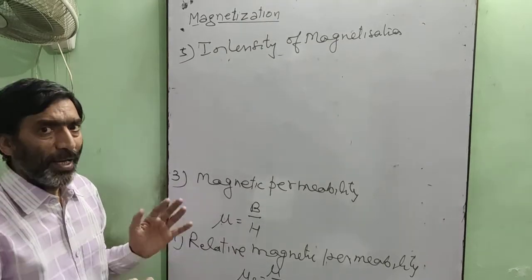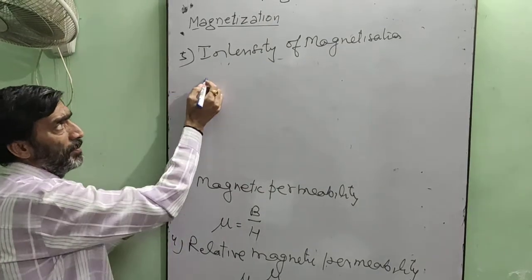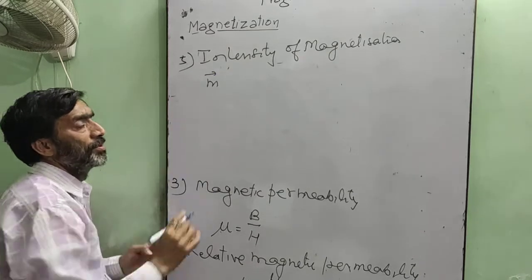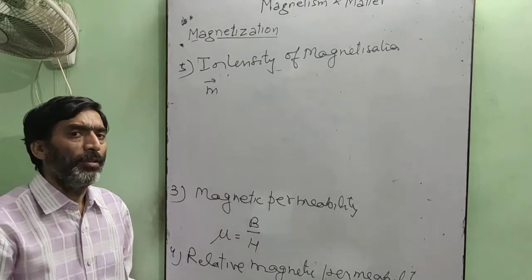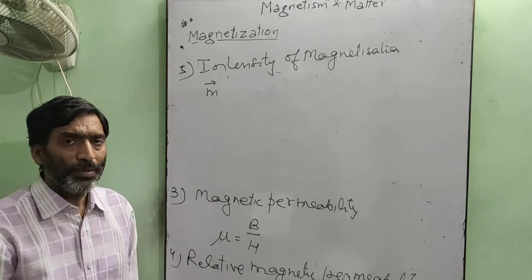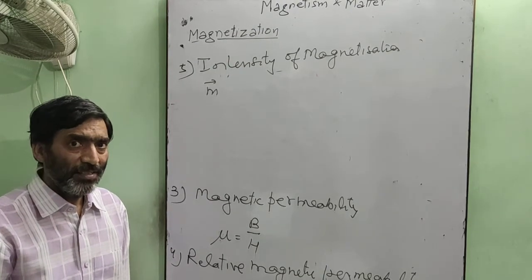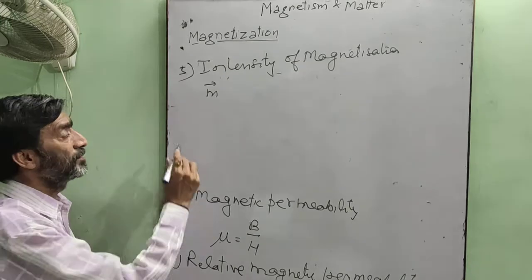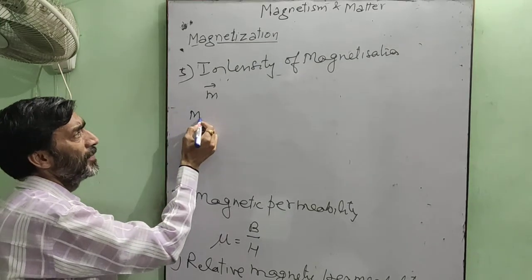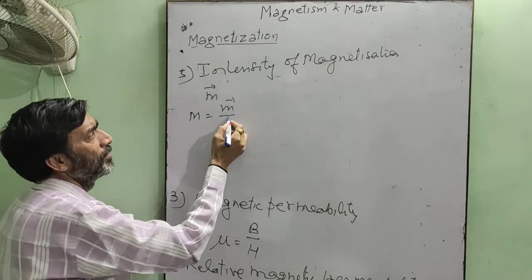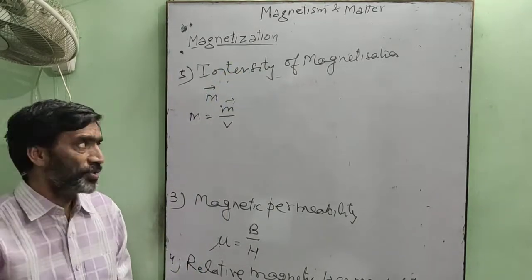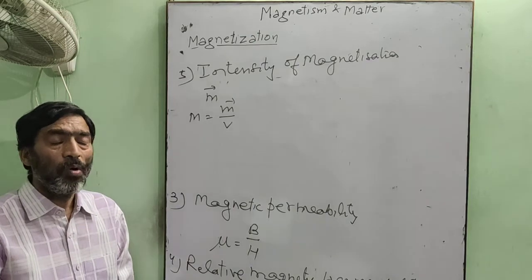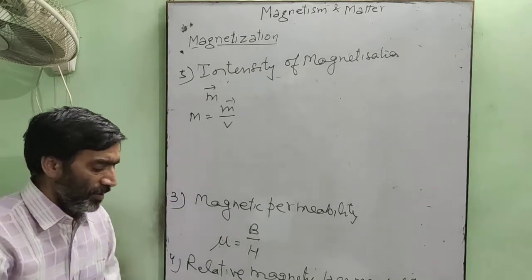Suppose due to magnetization, the magnetic dipole moment induced is m. Then the magnetic dipole moment induced per unit volume of the substance is called the intensity of magnetization, represented by capital I, which is equal to small m upon V. This is the intensity of magnetization: I is equal to m upon V.